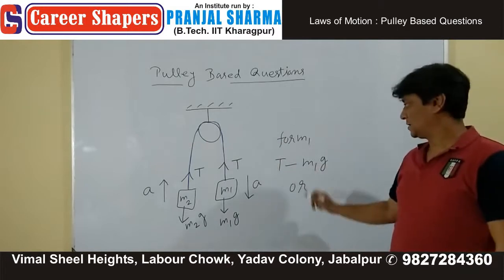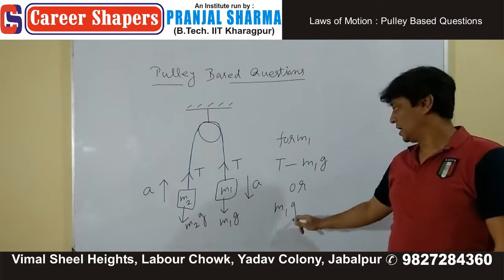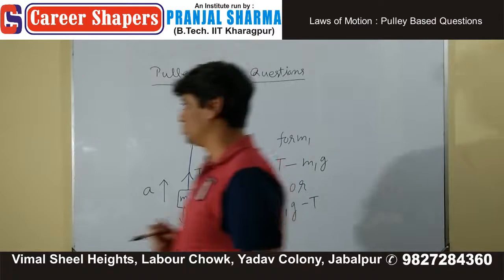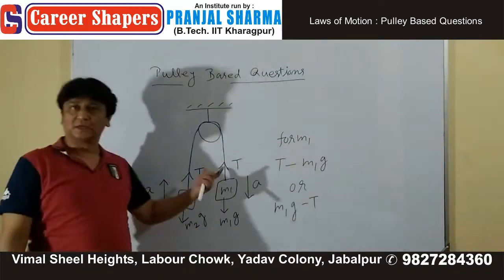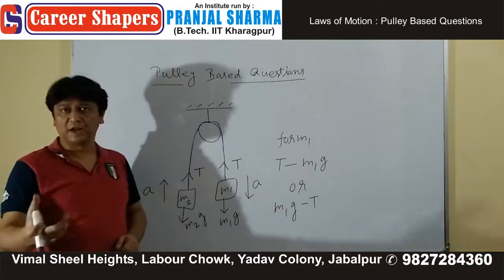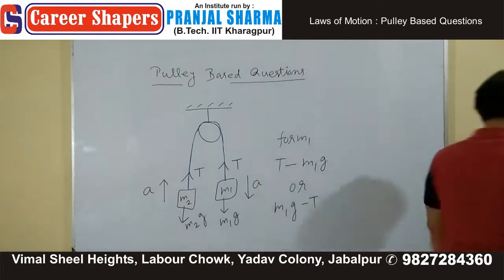What should I take? What is that which I should choose? This will always help you in deciding these things, and it's the same everywhere, whether you are dealing with normal reaction, tension or any other type of force.